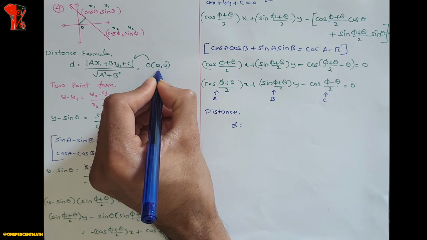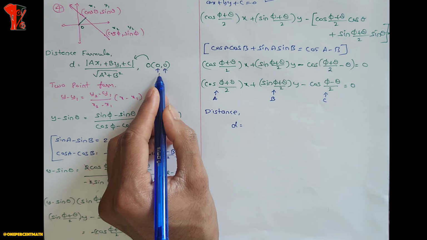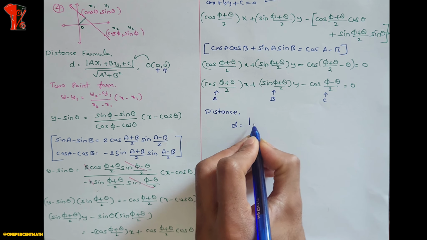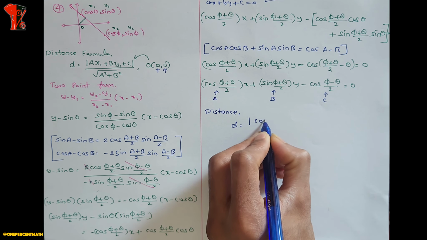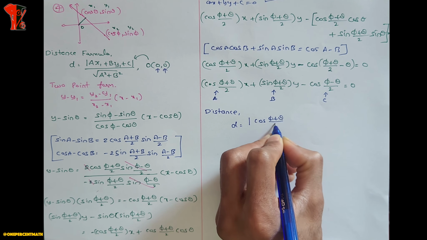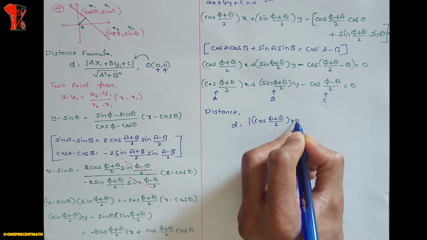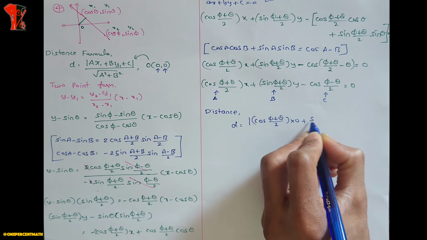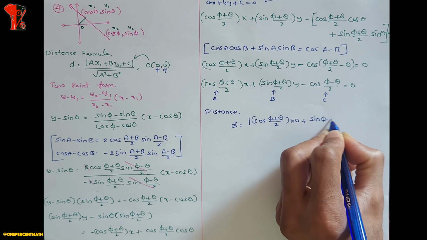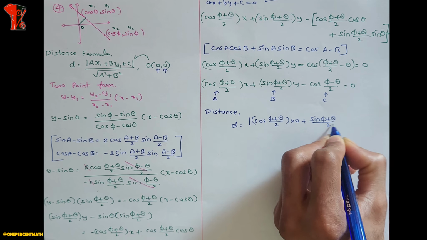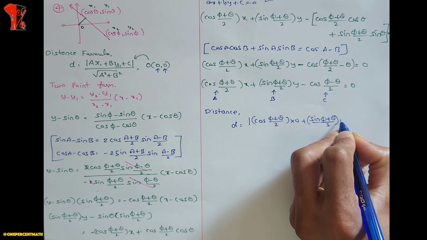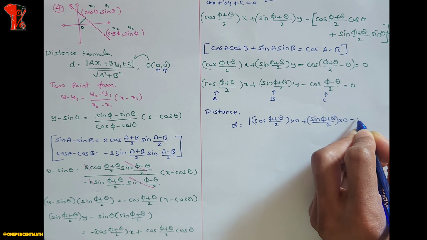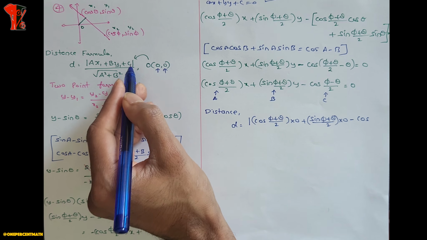So x1, y1 are 0 comma 0. So what I can write is A is cos((phi plus theta)/2) into 0 plus B, sin((phi plus theta)/2) into 0 minus C, correct?